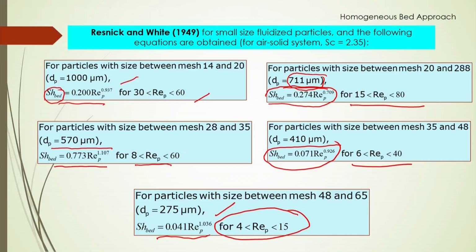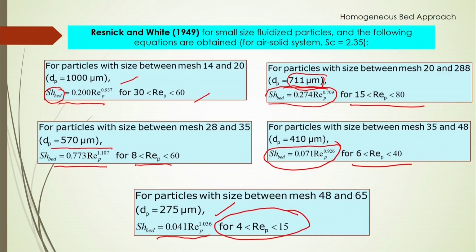But you can do mass transfer experiments in a fluidized bed yourself, changing different operating conditions, and you can obtain the mass transfer coefficient data under those different operating conditions.